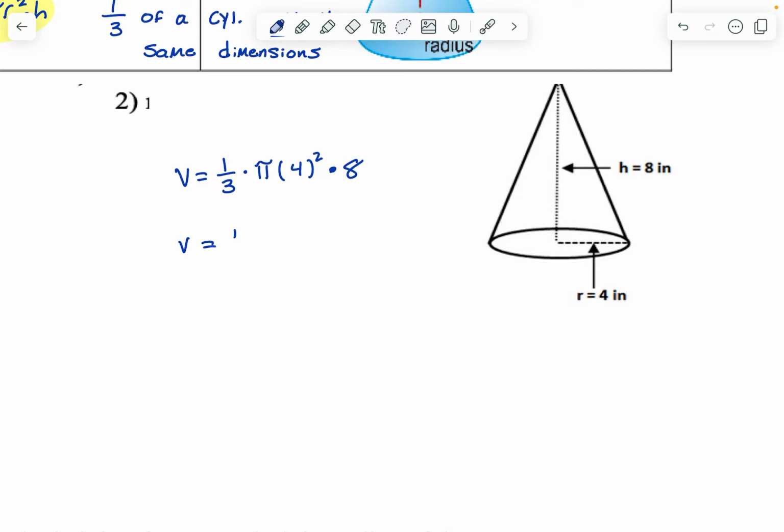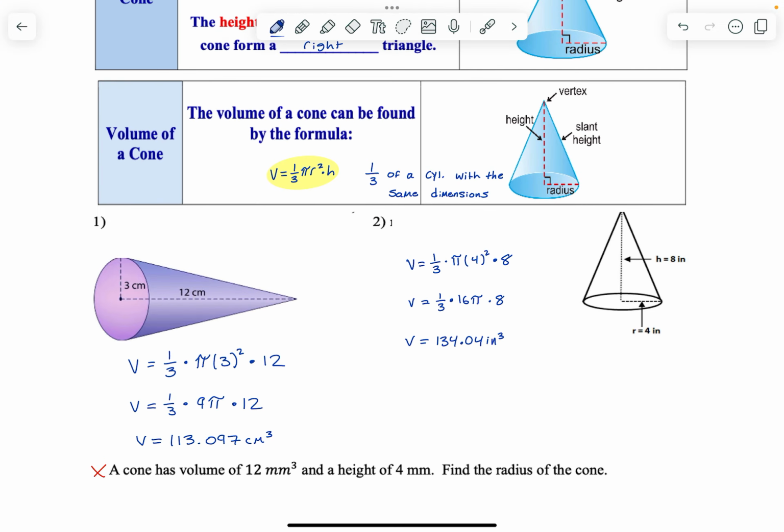Volume is equal to 1/3 times 16 pi times 8. Doesn't say to leave it in terms of pi, so we can round it: 134.04 inches cubed. And we'll skip this word problem for now. We should have time next class to look at them.